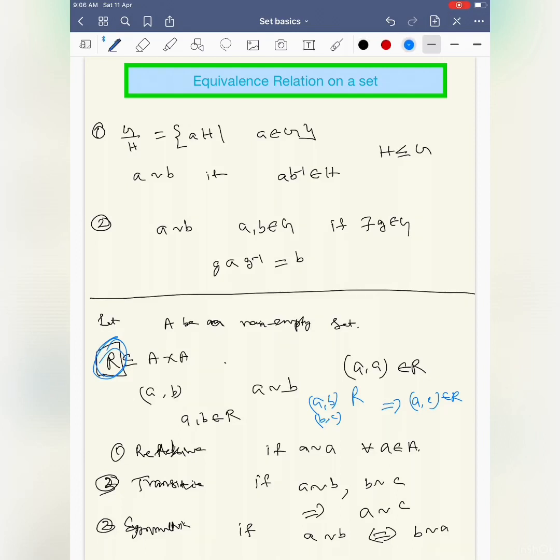It means (a, b) belongs to R if and only if (b, a) belongs to R. So if these three properties are satisfied, we say that it is an equivalence relation.